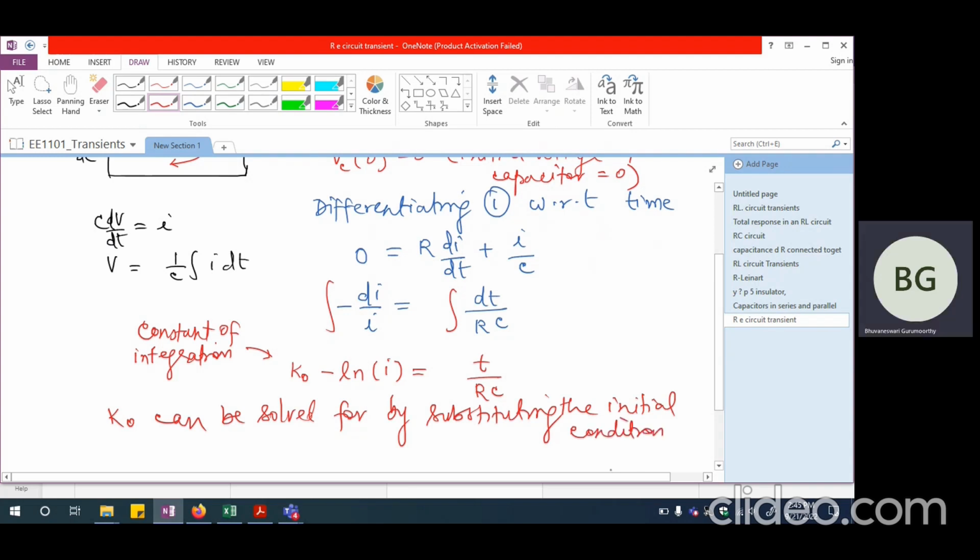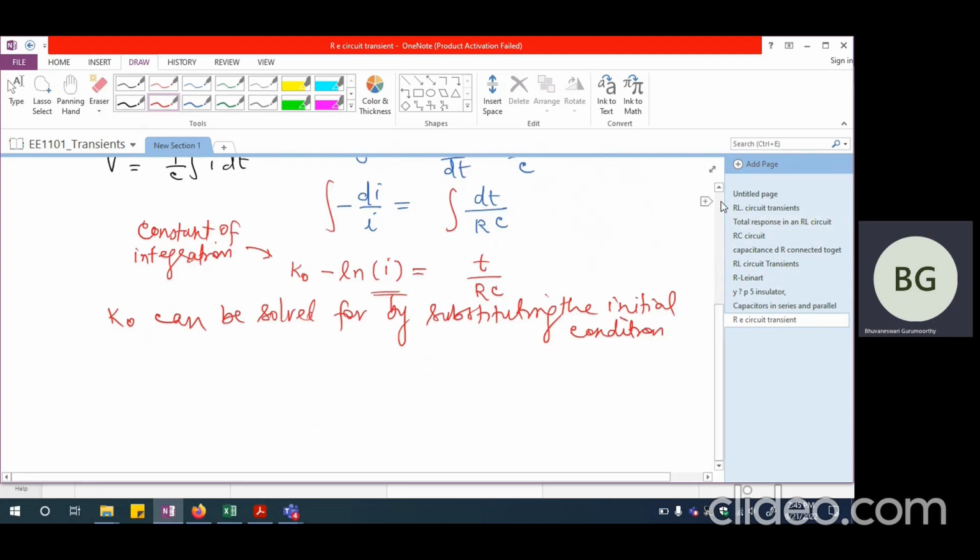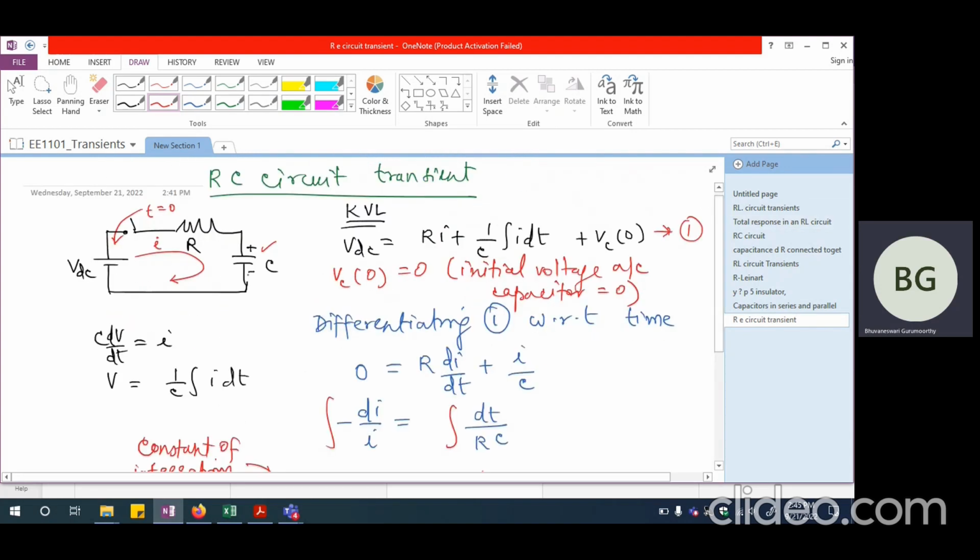Now, please remember what we are talking about is the initial condition for the current, because we have solved for the current. The initial condition for the current: this point is at 0 voltage, there is no voltage at all, whereas this is having a voltage of plus VDC.